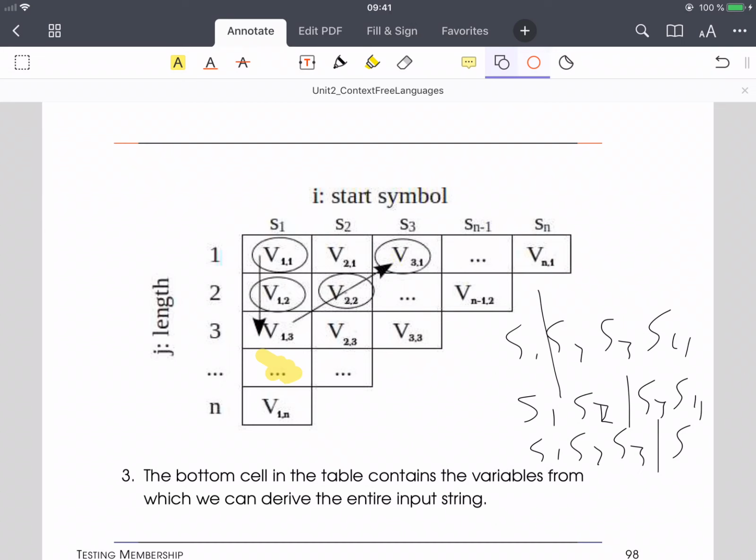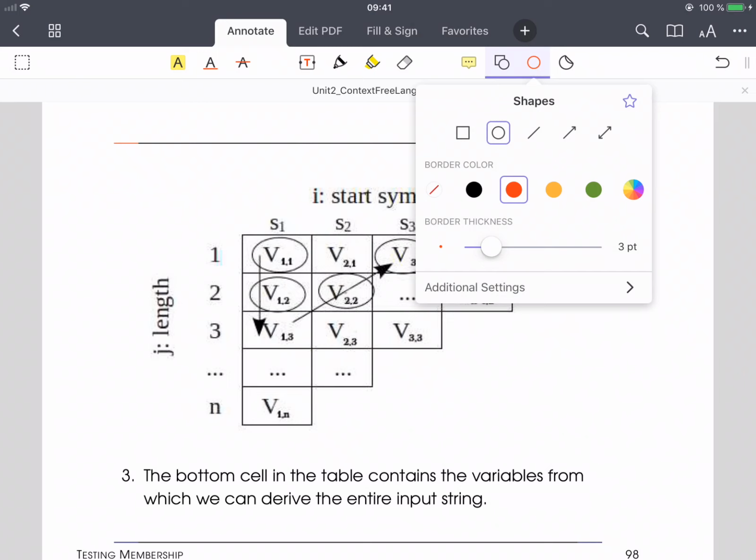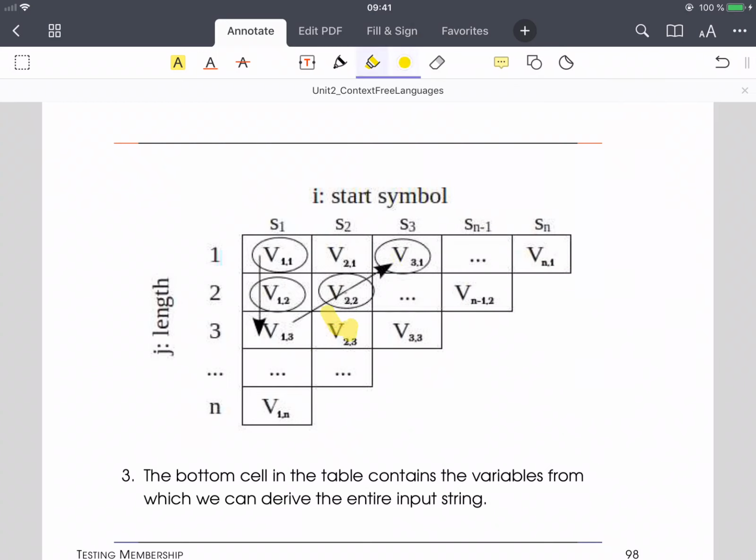Okay, so notice that what we are doing in general is to fill in a given cell, let me do it for this cell here, considering first the cell that is in the same column but at the top of the table in the first row, and the cell that is in the diagonal but the closest one to the cell that we are filling in.